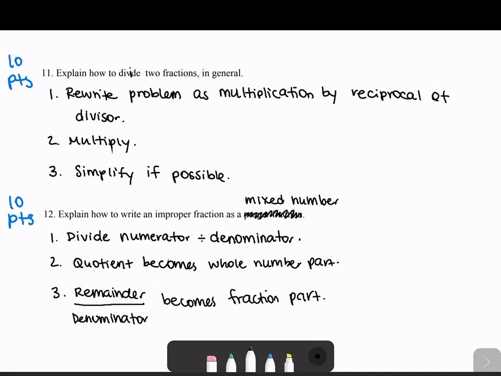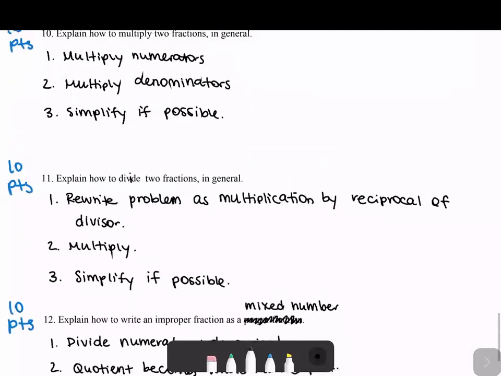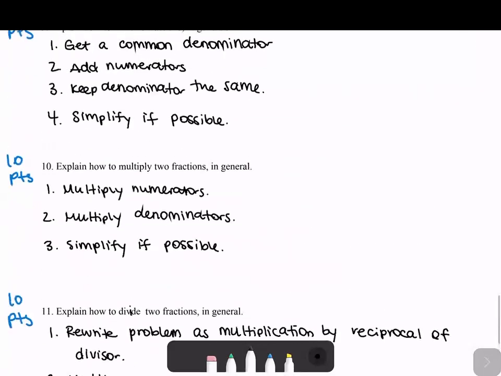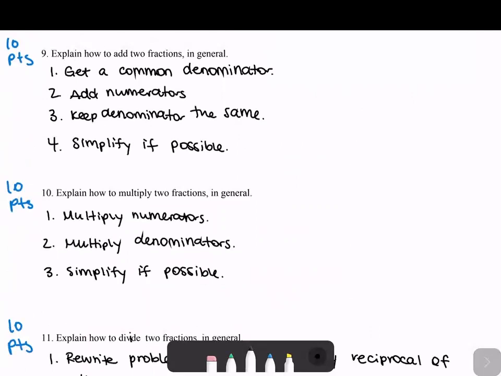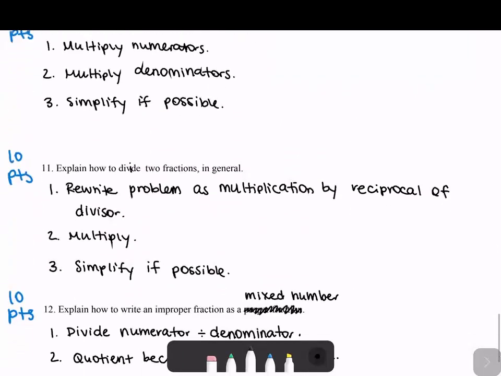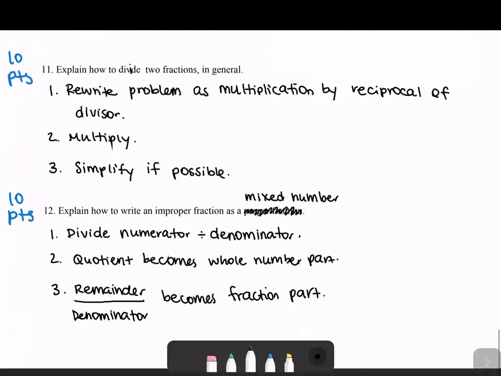So at the beginning of the video, I noted how there were 12 questions and the exam was out of 120 points. That's because I went ahead and included all of these on the review. How to add, subtract, multiply, divide, and rewrite fractions. So you won't be tested on all of these on the exam. There won't be all 4 of these, nor all 5 of them if you added in subtraction.